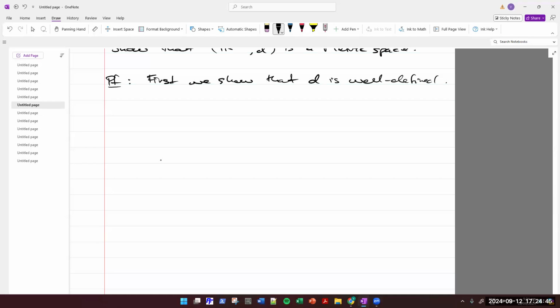So how to show this? Since |x_n minus y_n|, this number is always non-negative, right? Because it's the modulus. This is always less than or equal to 1 plus that number. Okay, I just add 1.